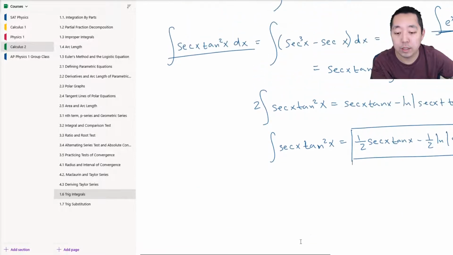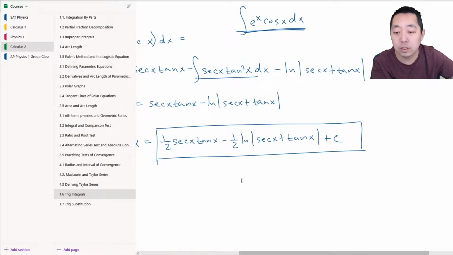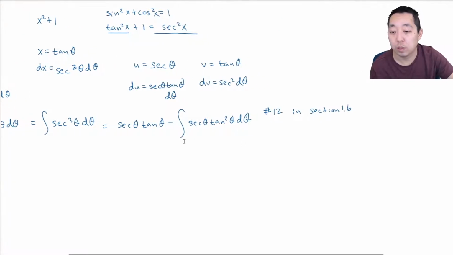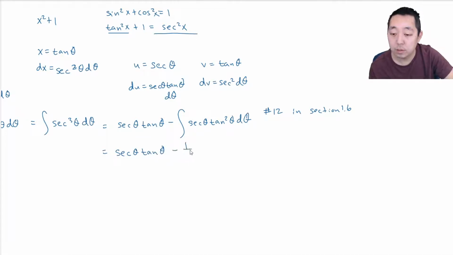We had this answer: 1/2 secant tan x minus 1/2 natural log. So going through the process, it's secant theta tan theta minus 1/2 secant theta tan theta minus 1/2 ln.